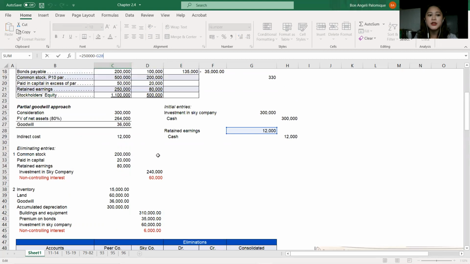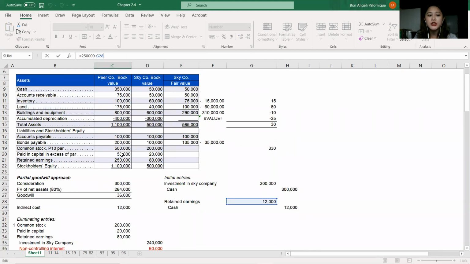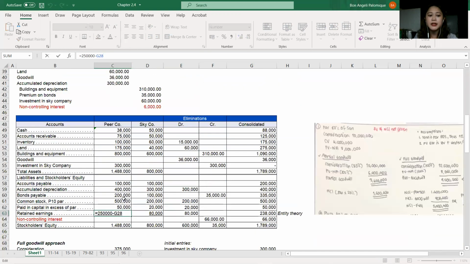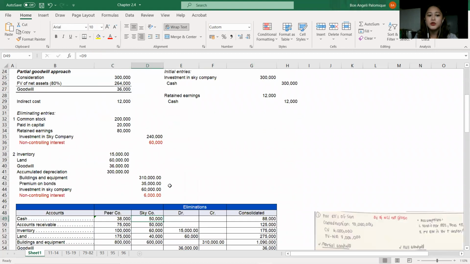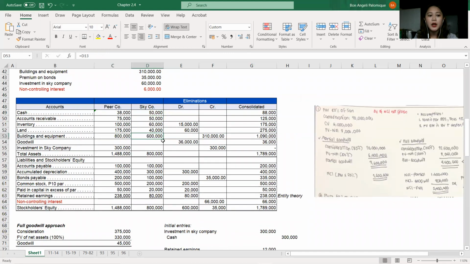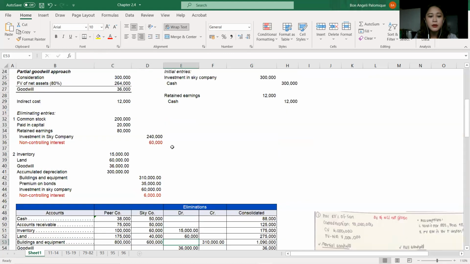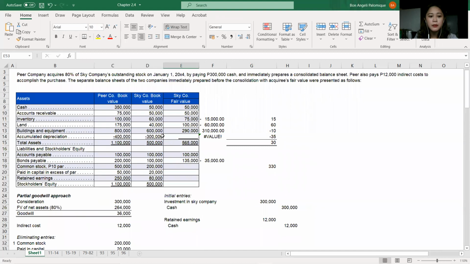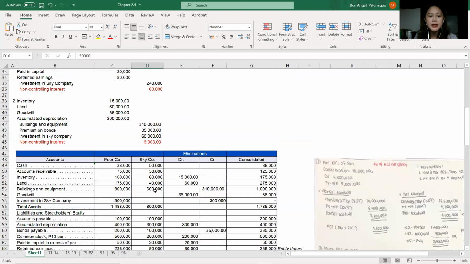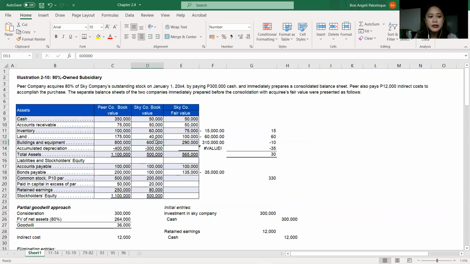So, ang mangyayari dito is 250, yung initial niya sa book, less yung 12,000 na retained earnings. So, total of 1,488,000. Sky Company naman, as is lang naman to. So, 500,000. 50, 50, 60, 40, and 600,000.